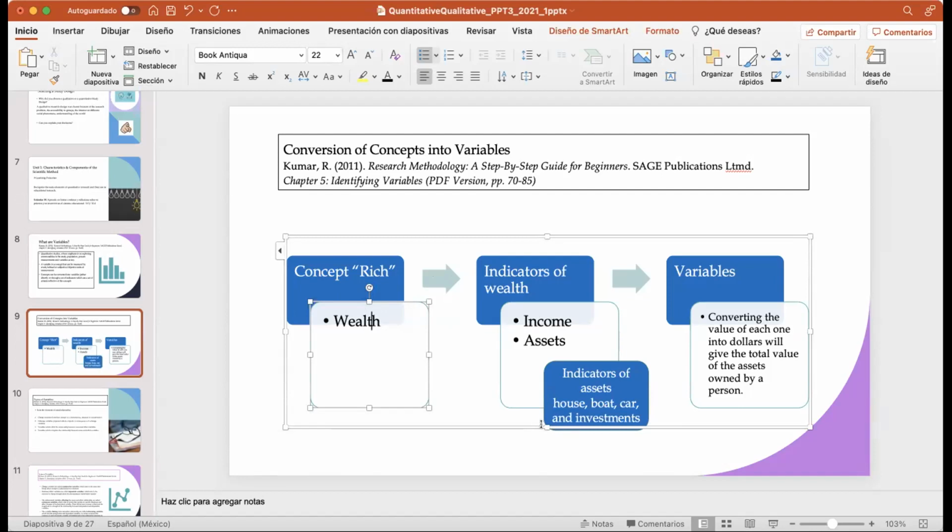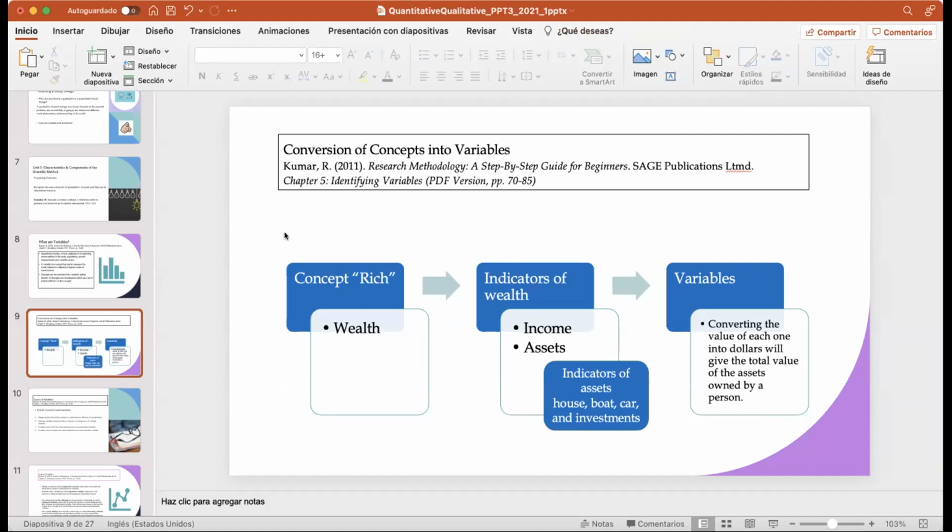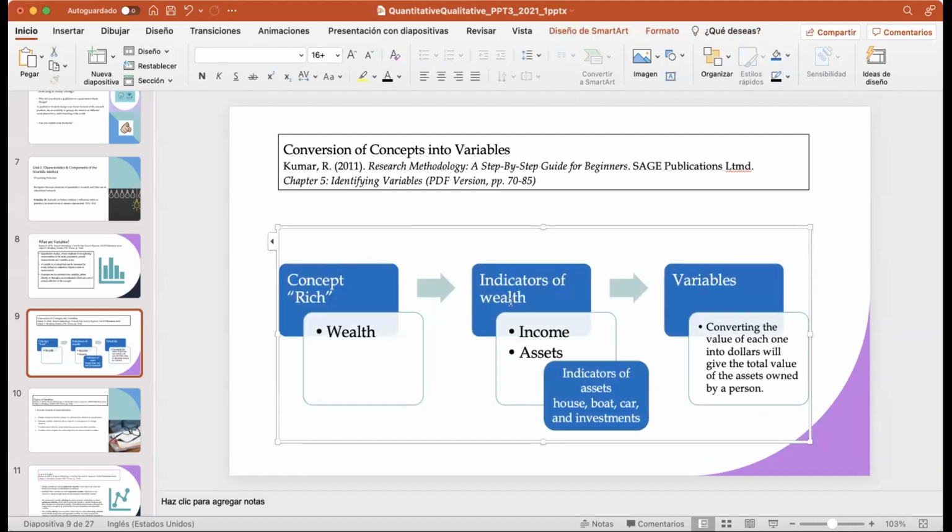No la riqueza de espíritu, por ejemplo, no en ese aspecto, sino, remember, it's quantitative, yes. La riqueza en sí misma yo no la podría medir, pero si tengo indicadores de riqueza, sí los podría medir. And this is what we do in quantitative research. We look for variables or indicators that can be measured.